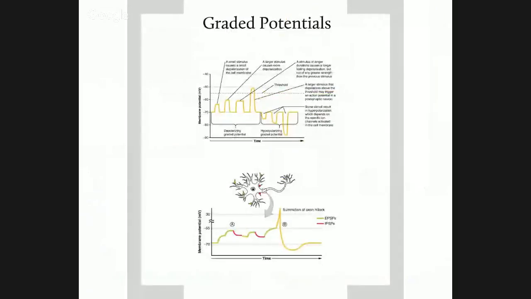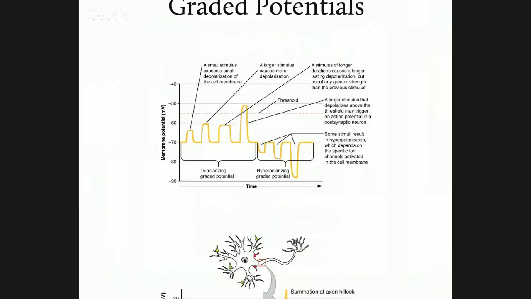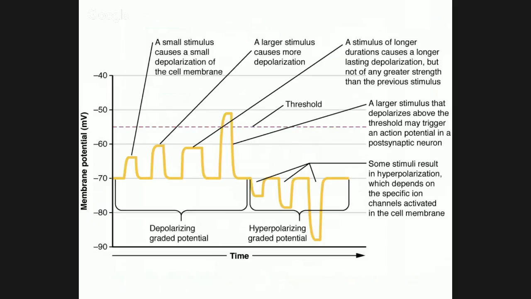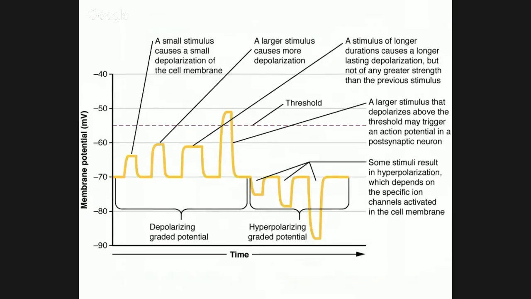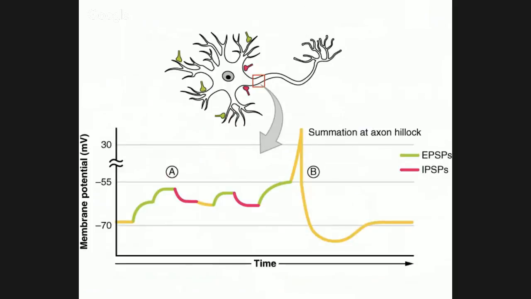And then you had written down in your notes graded potentials, but not really anything after that. We did go through all these. Graded potentials are different sizes based on the size of the stimulus. They can be depolarizing or hyperpolarizing. At a synapse, a depolarizing graded potential is called an excitatory postsynaptic potential.